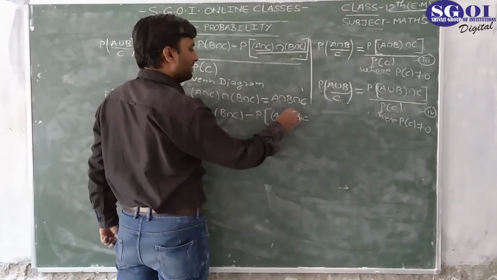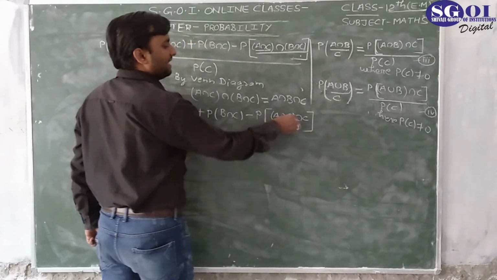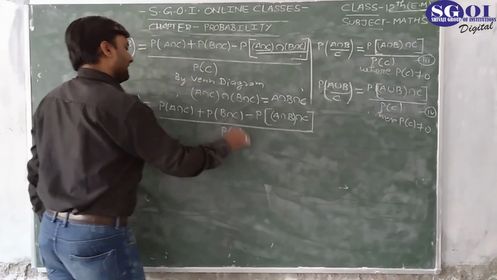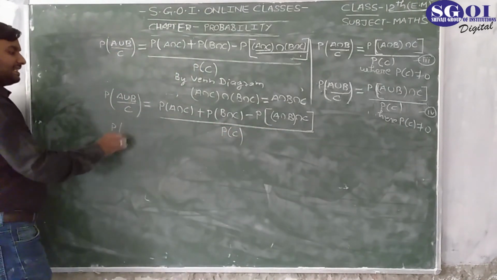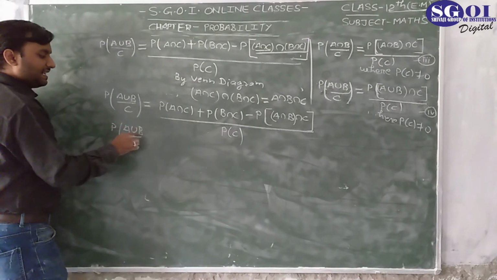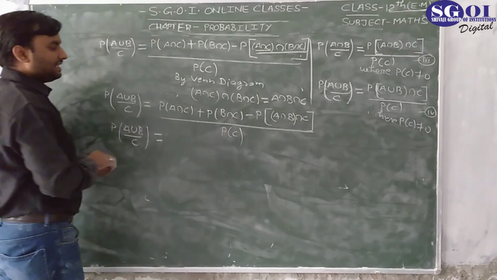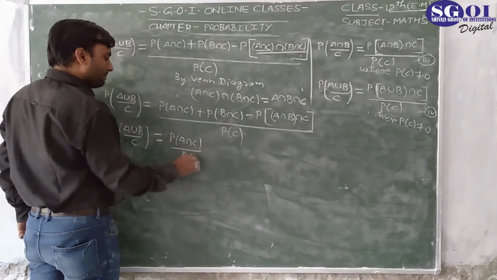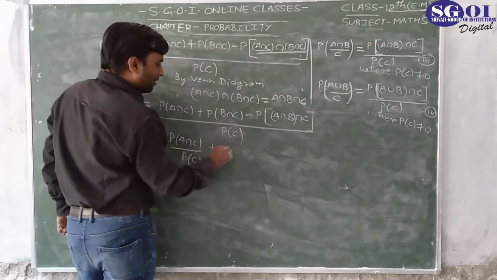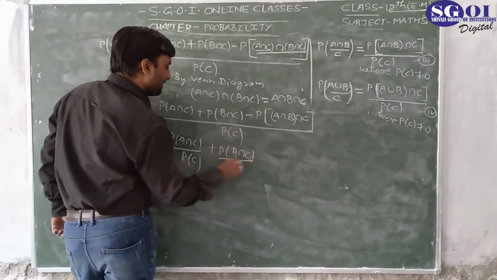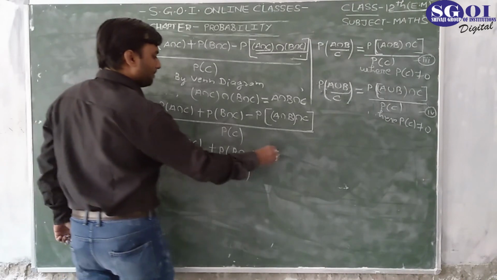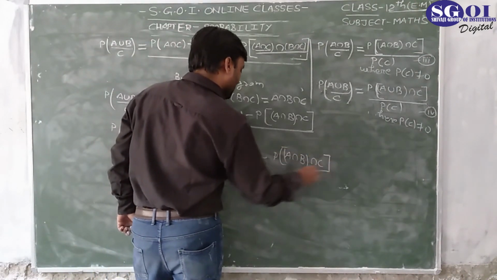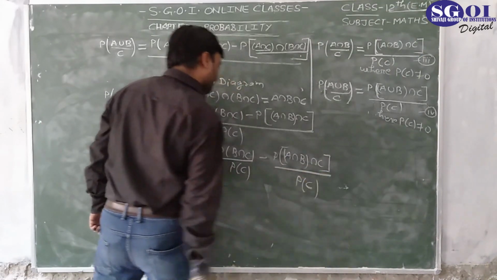And I am going to apply the bracket in A intersection B upon probability of C. Now it is time to separate the denominators in each term. That is, we can write probability of A intersection C by probability of C plus probability of B intersection C by probability of C minus probability of A intersection B intersection C by probability of C.